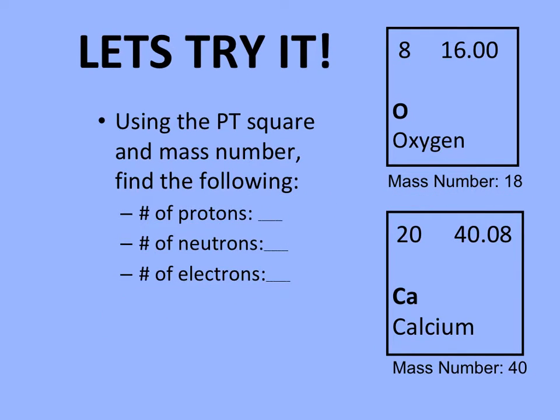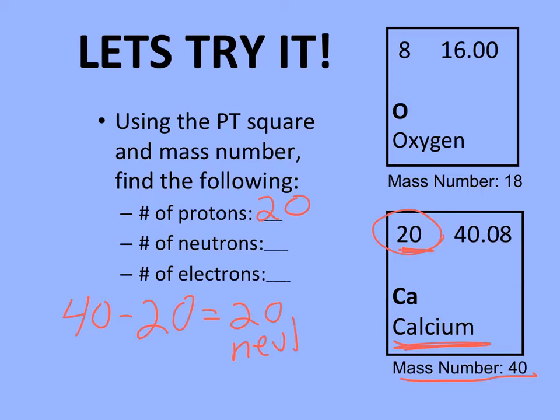Let's look at another example of calcium. Calcium has an atomic number of 20. The atomic number tells us automatically the number of protons. To figure out the neutrons, we need to know the mass number. In this example, this type of calcium, this isotope of calcium, has a mass number of 40. So we're going to use that mass number, and we're going to subtract the atomic number, and that will give us the number of neutrons.